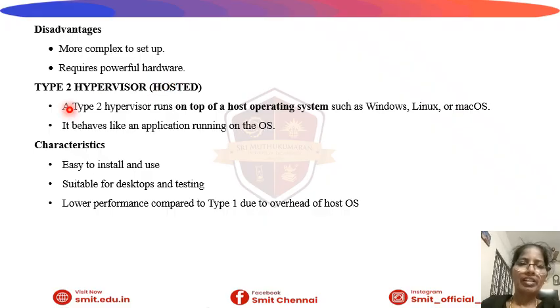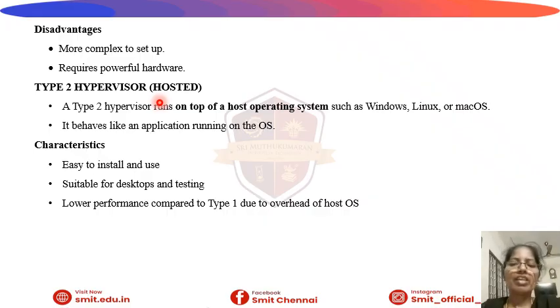The second one is the type 2 hypervisor, otherwise called hosted hypervisor. A type 2 hypervisor runs on top of the host operating system such as Windows, Linux, or macOS.